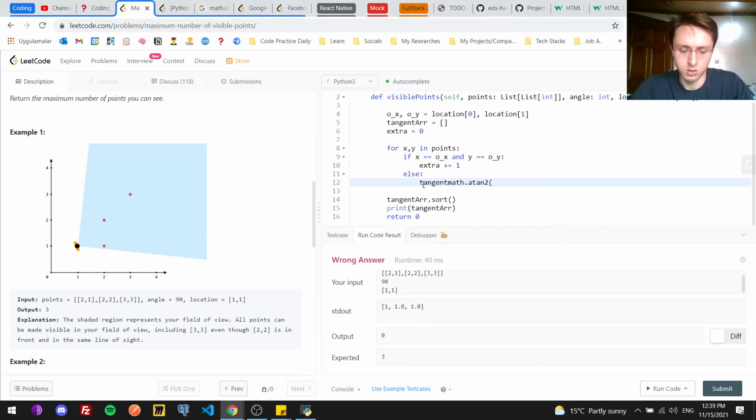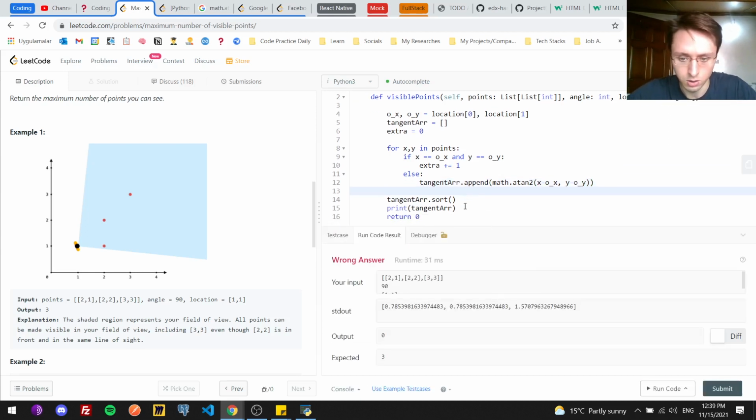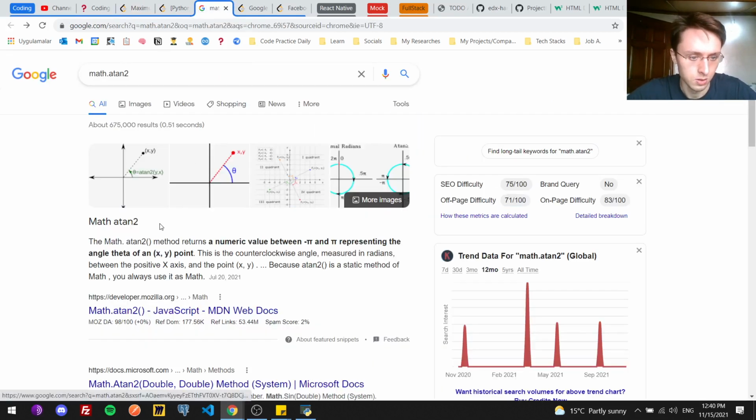Tangent array, that depends. So we have this x minus origin x, and then y minus origin y, and then this will calculate it and add it into that, and that will be our radian.